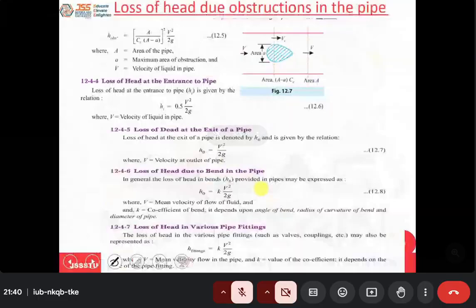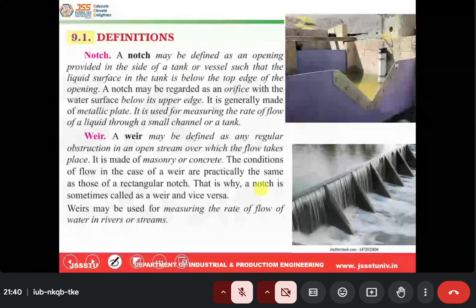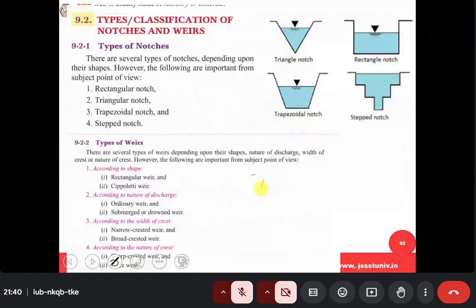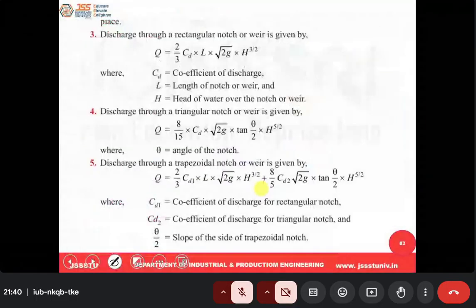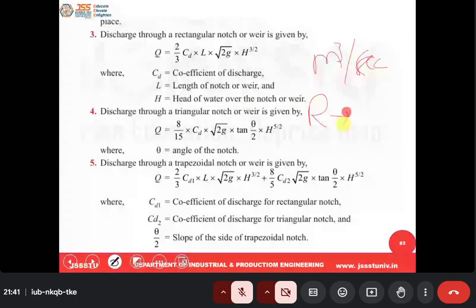As we discussed in the types of flow measuring devices, they usually measure discharge, basically in meter cube per second. But in the case of a rotameter, as I said, another unit is used. Usually when the flow is less, we measure it in terms of LPM instead of meter cube per second.